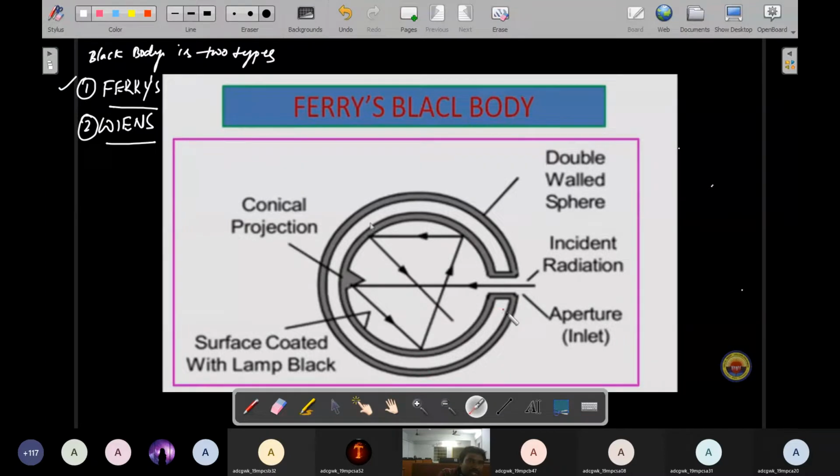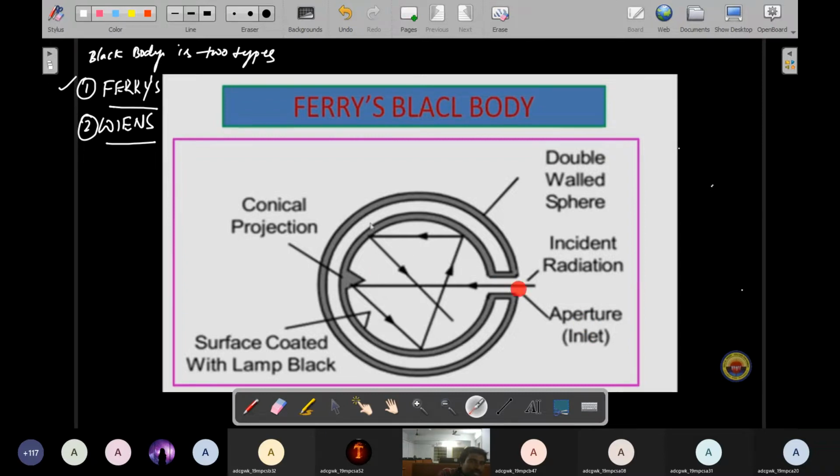Double walled means inside there is just empty space. This double walled sphere is open at one small end, so this is called a small aperture.